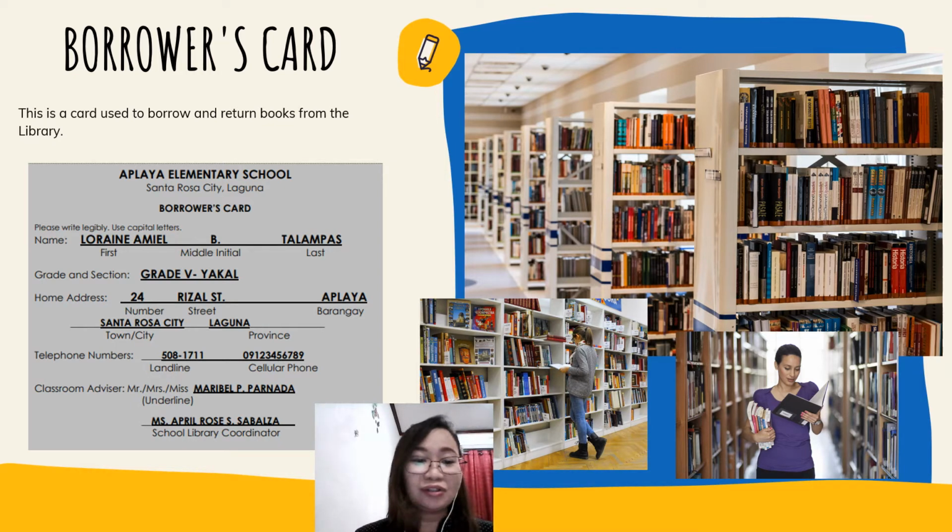Next, you need to also have telephone numbers or mobile numbers. You have the landline or the cellular phone. Next, information is the classroom advisor. And you are going to underline if Mr., Mrs., or Miss is applicable to your advisor. And of course, the school library coordinator.